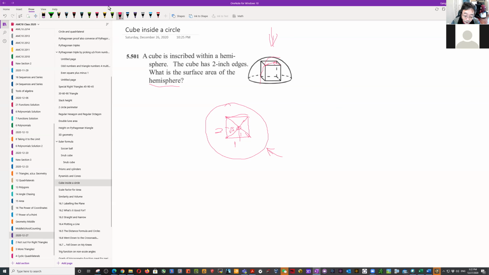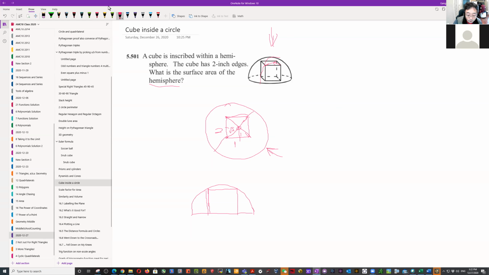So if I project the light this way, I actually will find a semicircle going this way, and this is actually a square that looks this way.